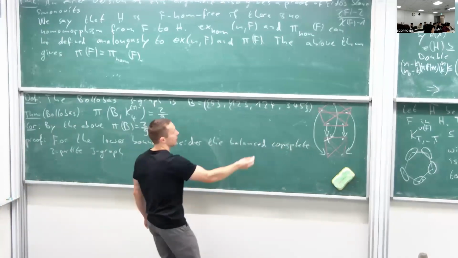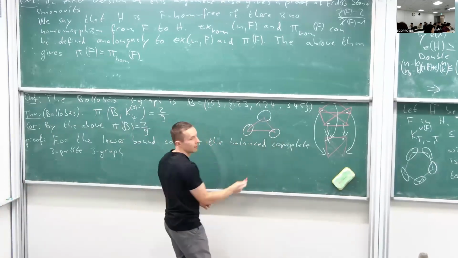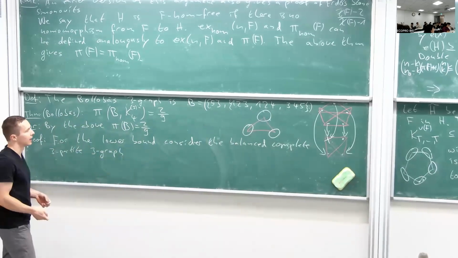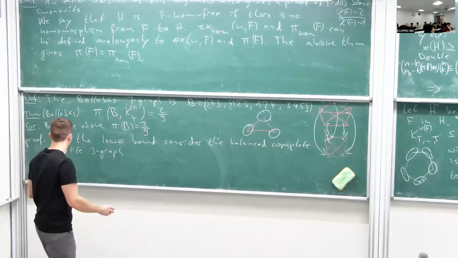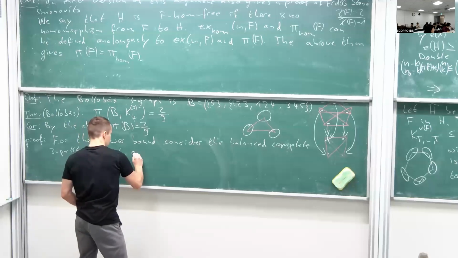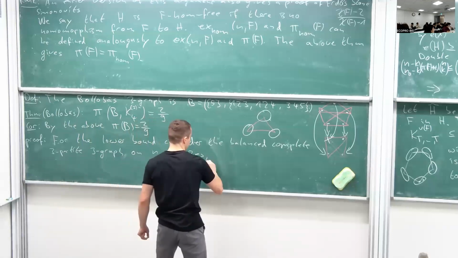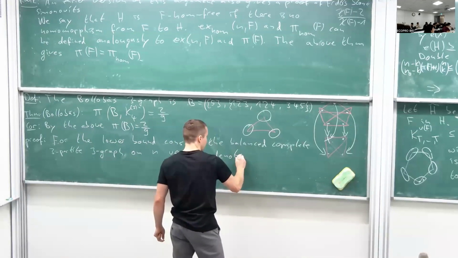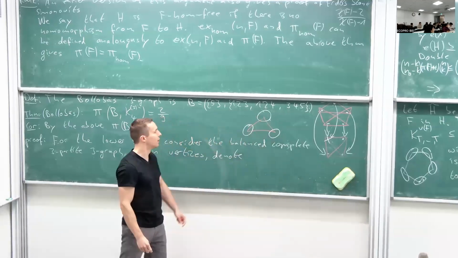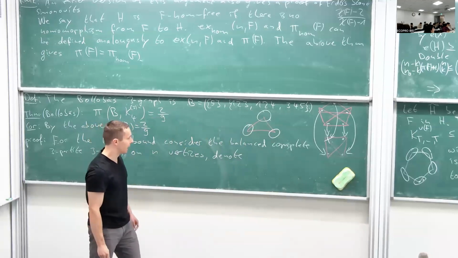Okay, so just this, where we have all the edges of this form. And this does not contain B nor the K4 minus, and the density of this one is 2/9. So let's say on n vertices. And we want to denote the number of edges in this complete balanced tripartite 3-graph by B_n.